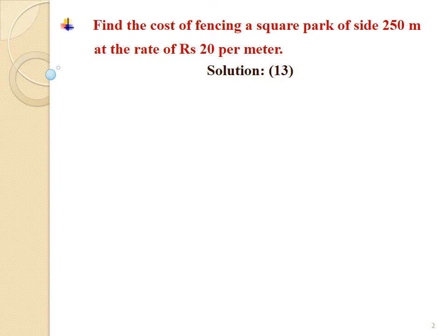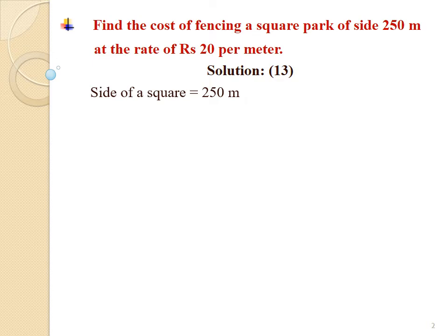So now let us solve sum number 13 and find the perimeter of the square park and the cost of fencing it. Side of the square park is given, 250 meters. Therefore, perimeter of the square park equals how much?